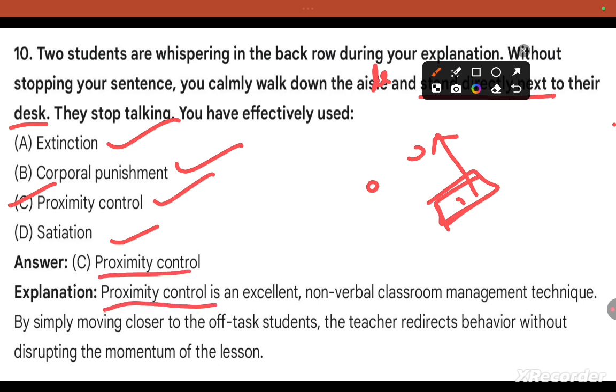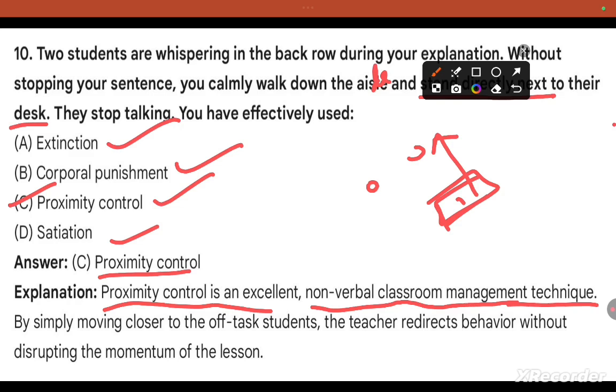Proximity control is an excellent non-verbal classroom management technique. Silence, don't talk. Verbal techniques use words, but here you simply stand beside them without using any single word.